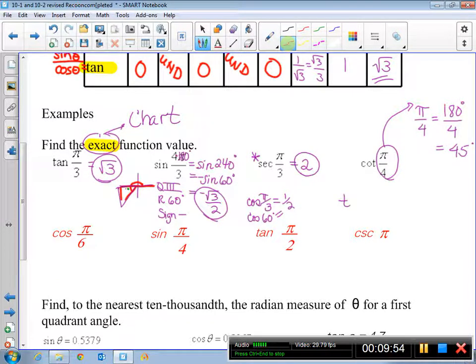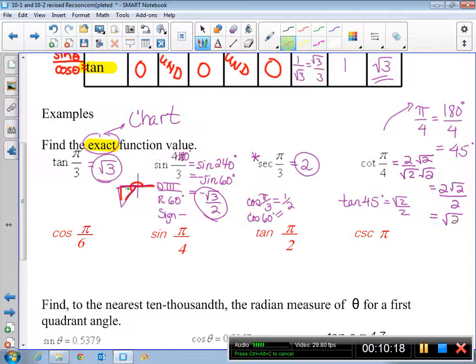So some of you might recall the tangent of 45 degrees is radical 2 over 2. When that is flipped, it's a lot more work actually to do all of this. You might remember that it comes out to just be radical 2.